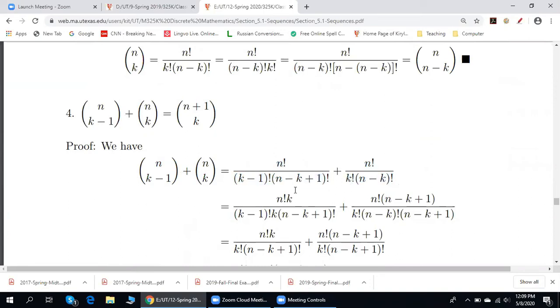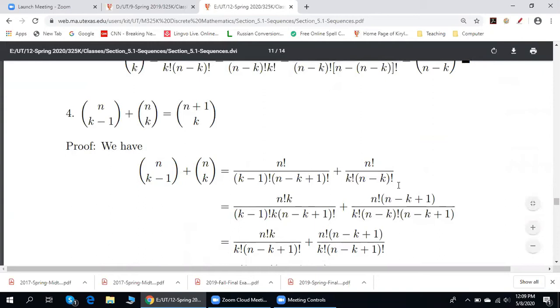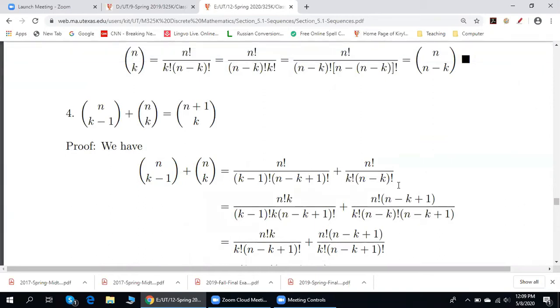Now we have two fractions with different denominators. Therefore, the next step is to come up with a common denominator. In order to do that, in fraction number 1, let us multiply top and bottom by k. In fraction number 2, let us multiply top and bottom by n minus k plus 1.